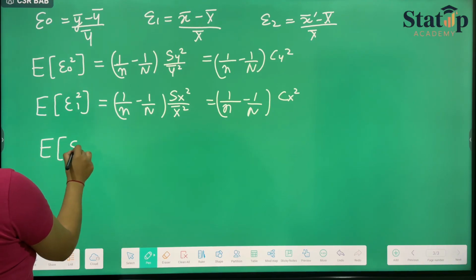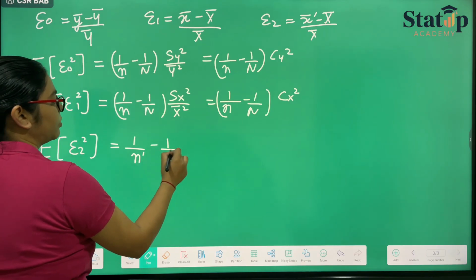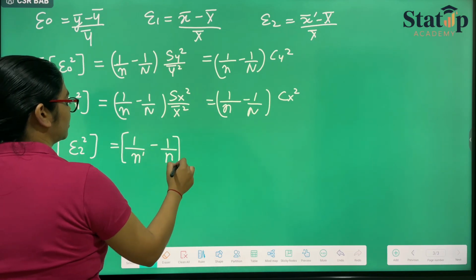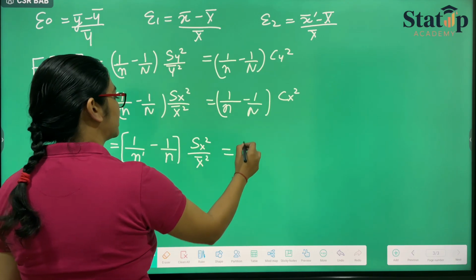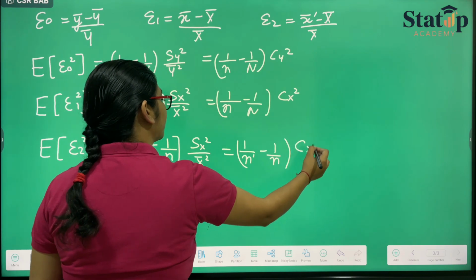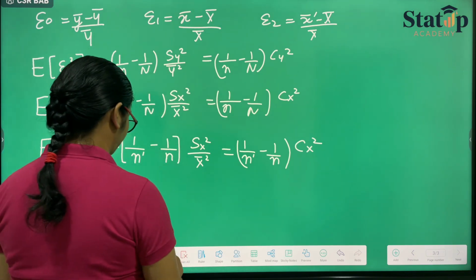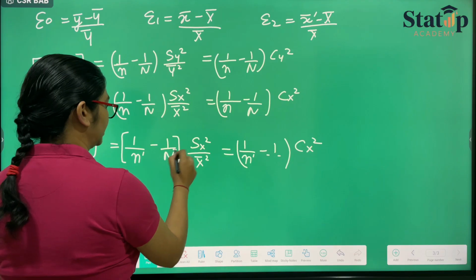The expectation of epsilon 2 square is 1 upon n dash minus 1 upon capital N sx square upon x bar square, which is nothing but 1 upon n dash minus 1 upon capital N into cx square.